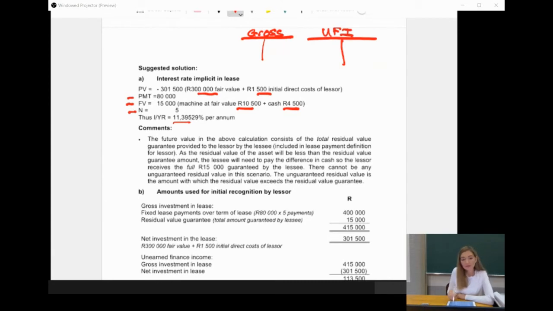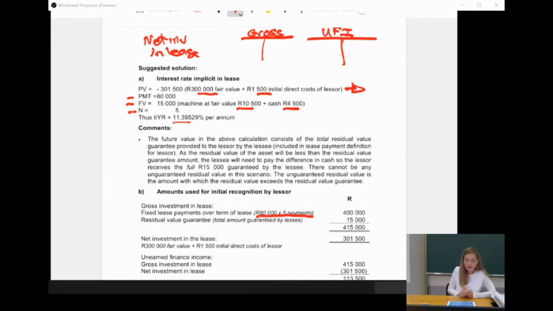In total, the net of these two amounts must give us our net investment in the lease, which is this present value that we have over here. So on day one, our net investment that we gave was 301,500 Rand.